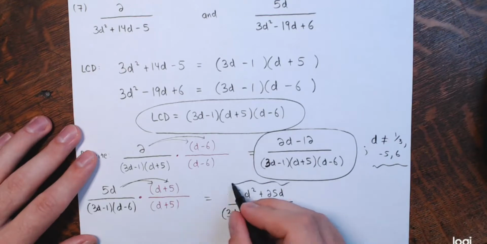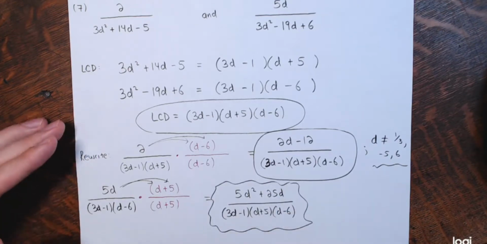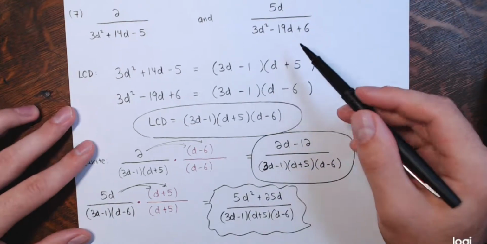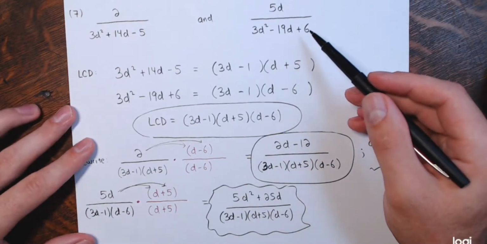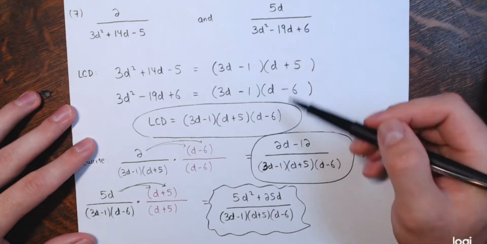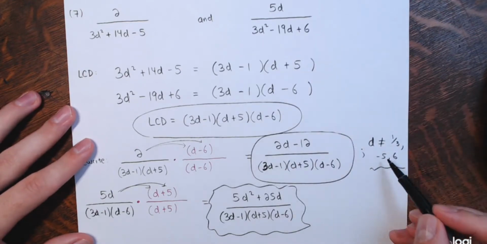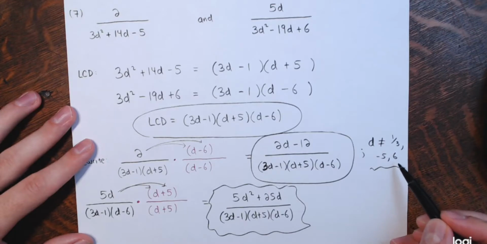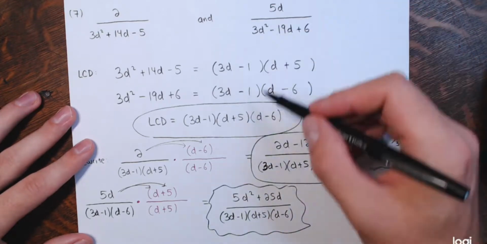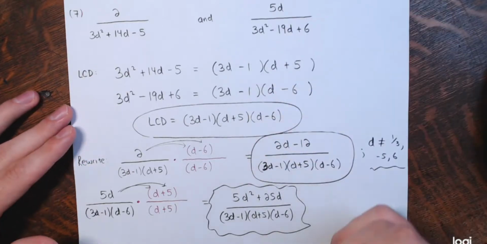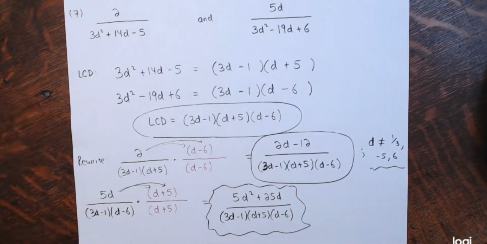And there you go. All right. And this fraction is equivalent to the second fraction we were given. All right. They're the same value no matter what you plug in for d, as long as you don't plug in 1/3, -5, or positive 6. Right. But for any other value of d, these are the same fraction. These are the same value.